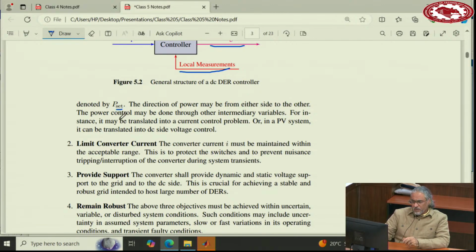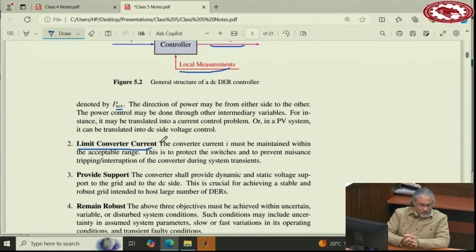Now, one thing I forgot to mention in the chapter, and it is very important about power electronics: if you do not consider it, you are missing a very important aspect.